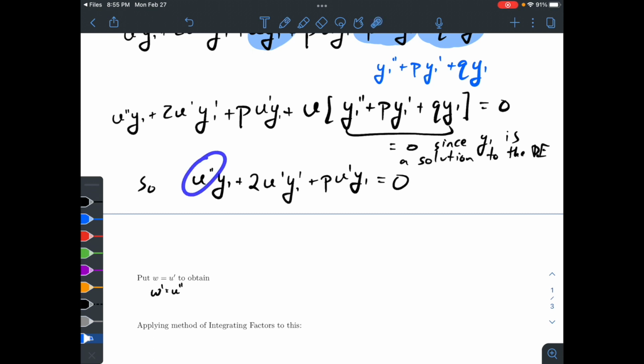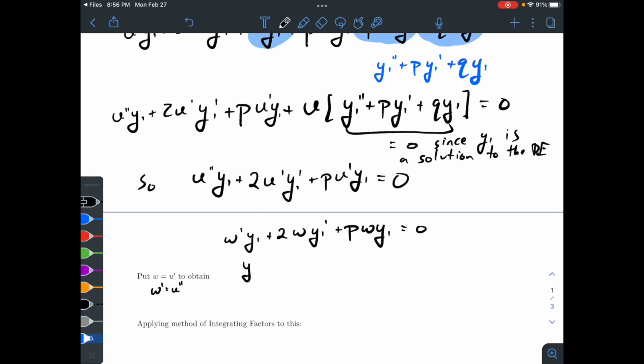So anytime I see a u double prime, I'm going to replace it with w prime. Every time I see a u prime, I'm going to replace that with a w. And we get w prime y1 plus 2 w y1 prime plus p w y1 equals 0.